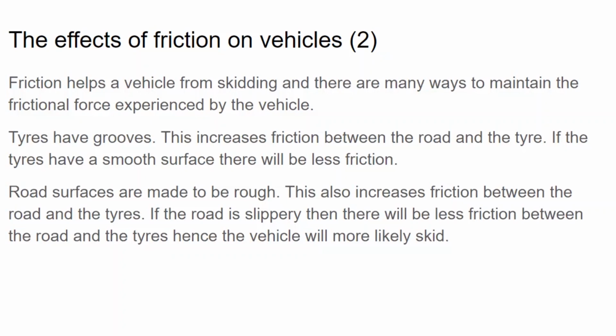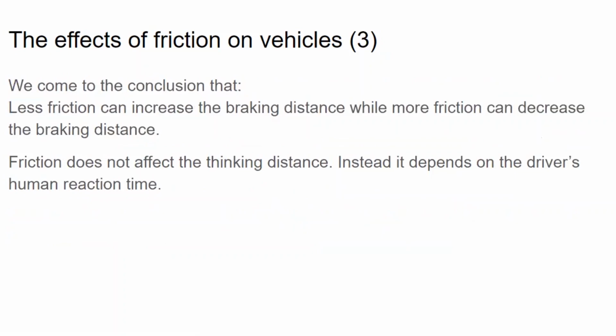This increases the friction between the road and the tires. If the road is slippery, then there will be less friction and the vehicle is more likely to skid. So we can come to the conclusion that less friction can increase the braking distance, while more friction can decrease the braking distance. Friction does not affect the thinking distance because it depends on the driver's human reaction time.